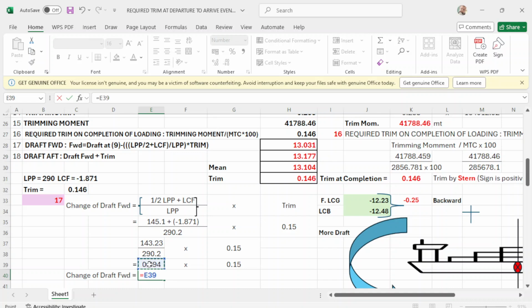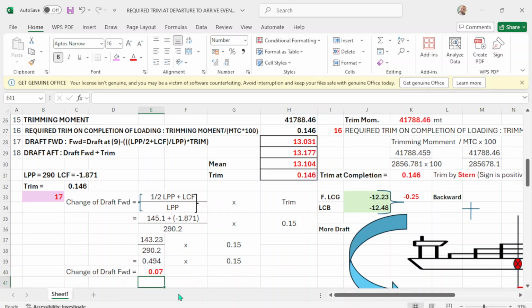Multiply by your trim, and your change of drop forward will be 0.07.